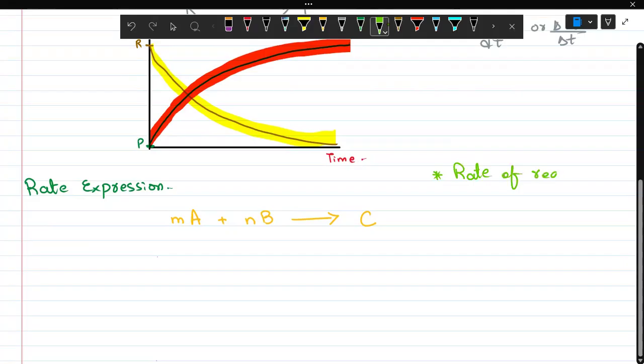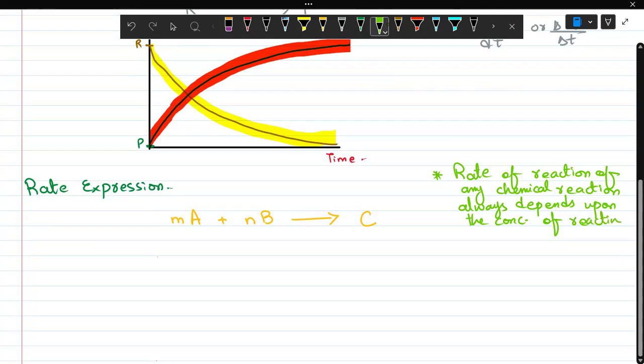Rate of reaction of any chemical reaction always depends upon the concentration of the reacting species.